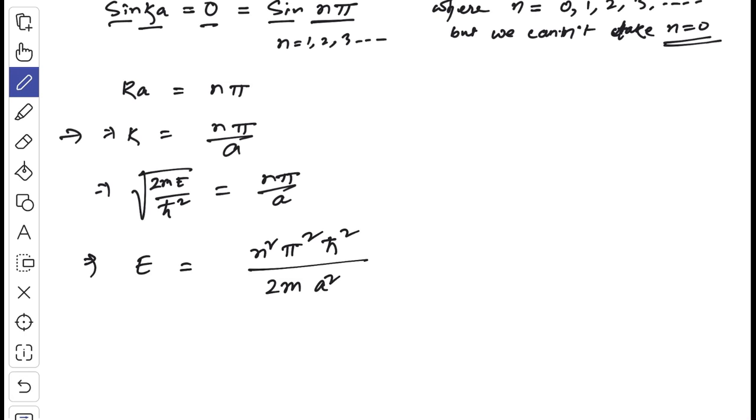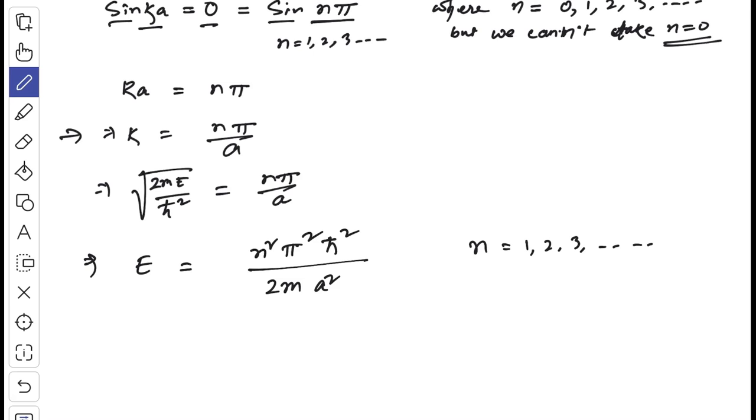Here you see, if you take n equal to 0, then this energy is going to be 0. That's why we cannot take n equal to 0 here. So we should take n equal to 1, 2, 3, and so on, because you know the particle inside the box must have some energy.